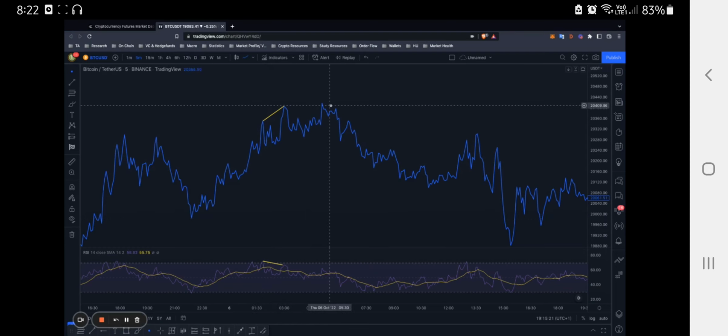What makes this even more powerful is that Bitcoin continued, as you can drag this, to make another high. If you want, you can just drag from one to the other and see that it's made higher highs on the price chart, but on the RSI chart, it's continued to weaken even further down to here.